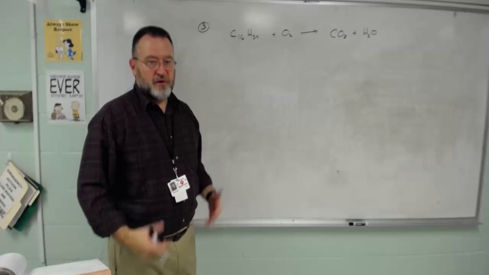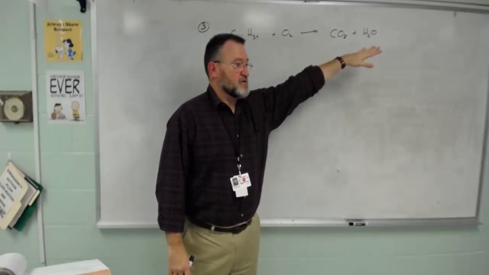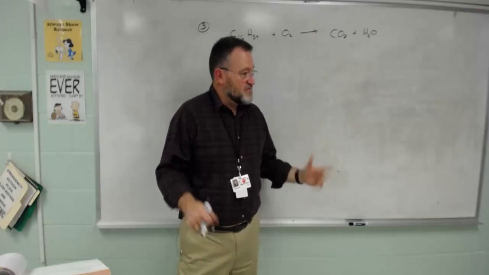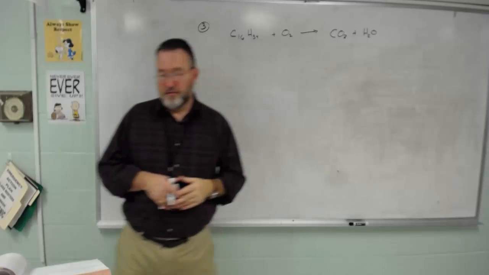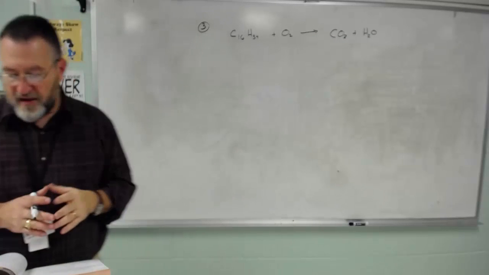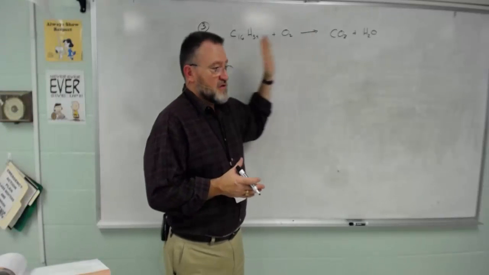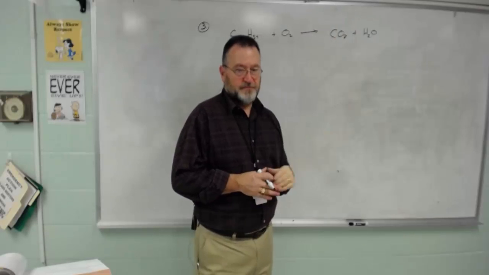We know enough now to complete the basic reaction formula. Doesn't mean it's balanced. It just means now we've got all the pieces we need to look at. So what is the balanced equation for that? Now we've got all the reactants and all the products, and we can start our balancing again.